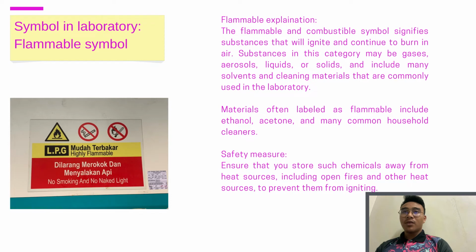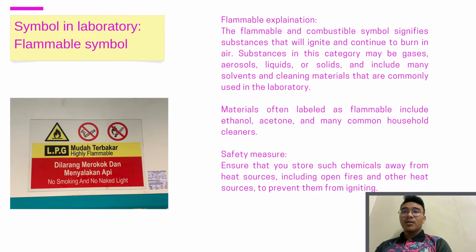I will explain about the flammable symbol in the lab. The flammable and combustible symbol signifies substances that will ignite and continue to burn in air. Substances in this category may be gas, aerosol, liquid, or solid, and include many solvents and cleaning materials that are commonly used in the laboratory.